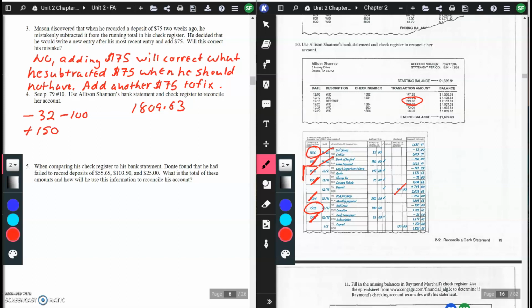Okay, so you're going to take your $1,809.63 and we're going to subtract off $132. Okay, so $1,809.63 minus $132 gives us $1,677.63.